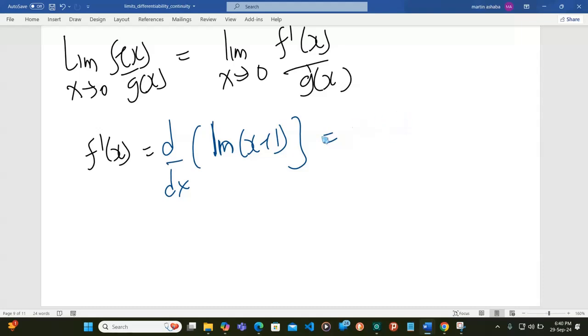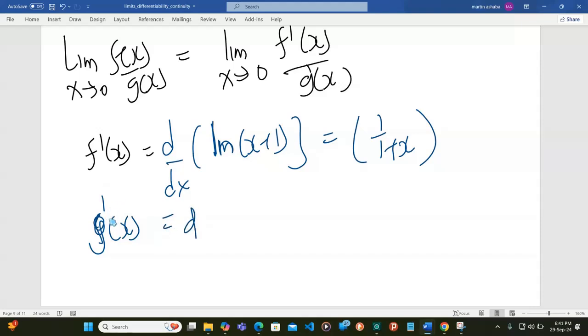This is going to be differentiating the inside, divided by the original, so differentiating this divided by x plus 1. So this gives you 1 divided by 1 plus x. Then what is g of x? The first derivative of g of x is the same as differentiating that x, and this gives us 1.